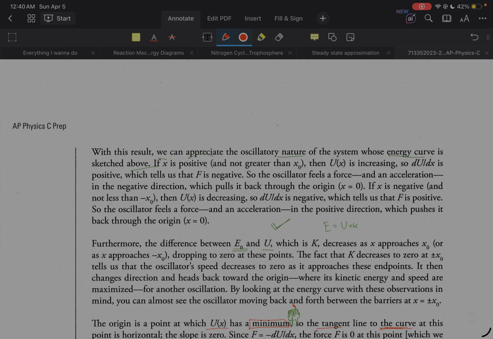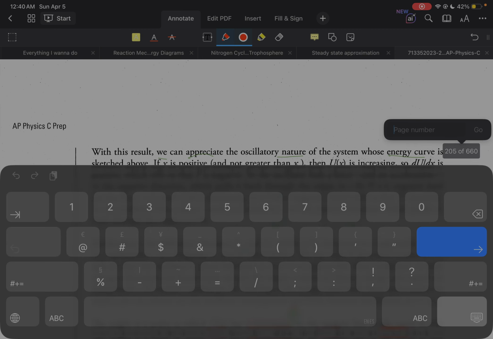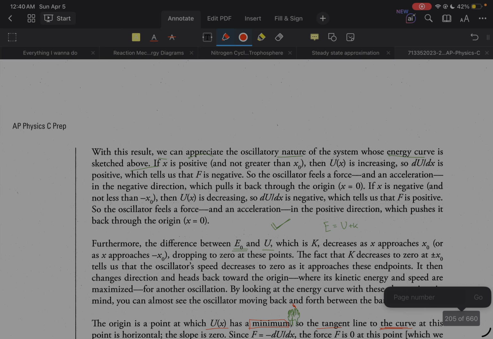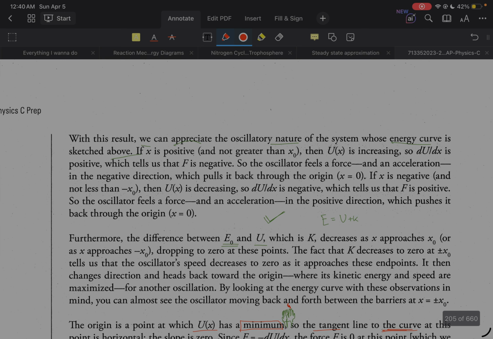If x is positive and not greater than x0, then U of x is increasing. So when you think of a spring, if the position is positive, then the potential energy is increasing because it has more potential to go.